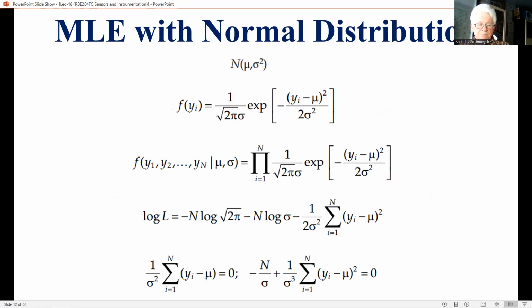If the data are independent and have the normal or Gaussian distribution, the MLE results take a particularly convenient and familiar form.